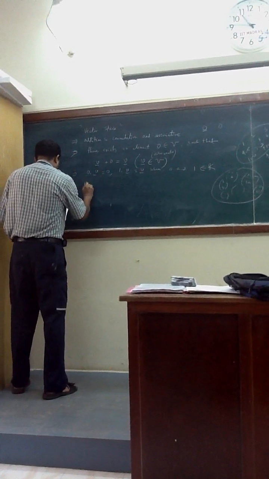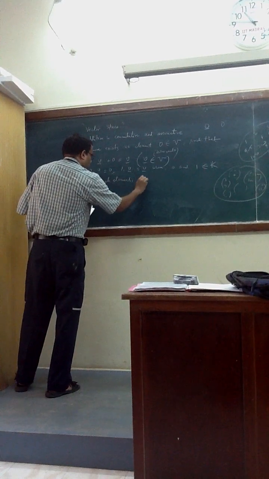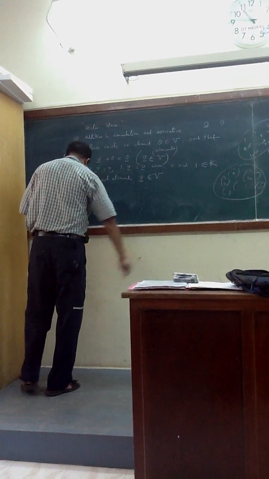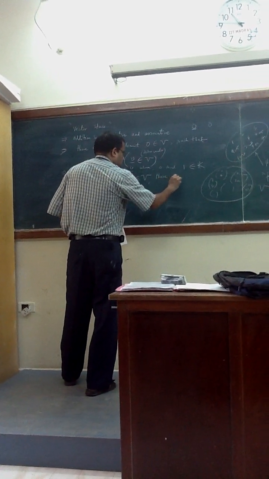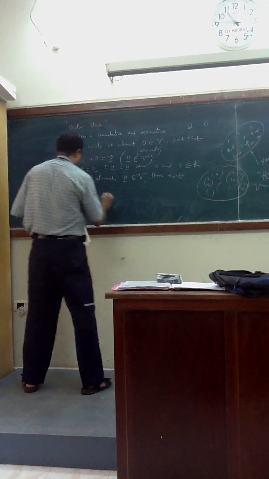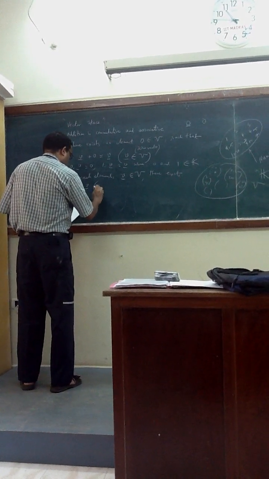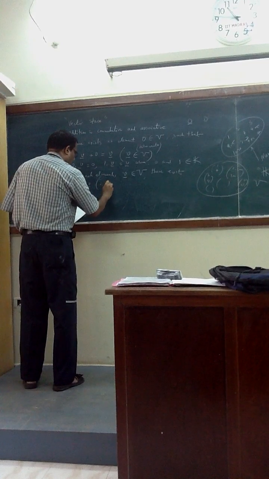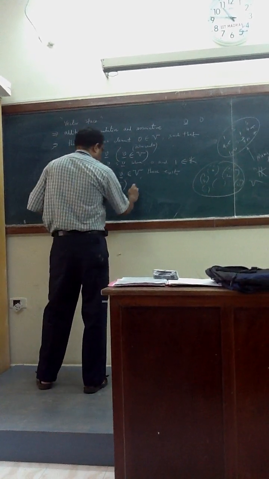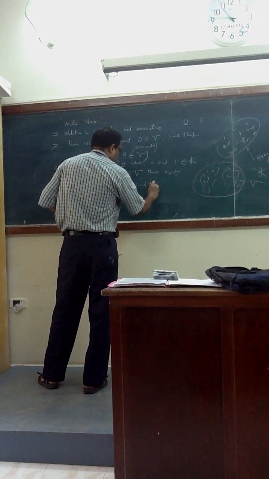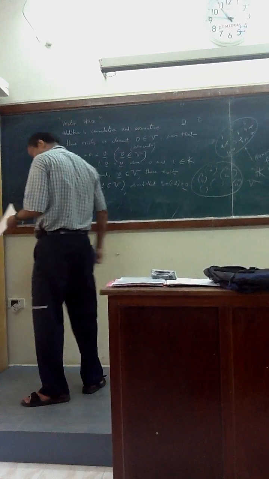For each element V belonging to capital V, there exists minus V, which is a vector where minus V belongs to capital V, such that V minus V is 0.